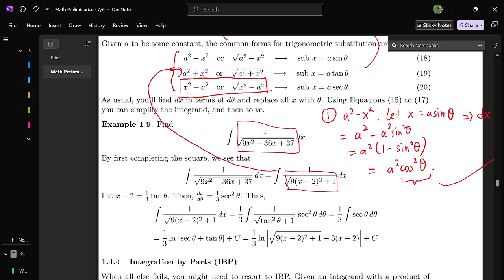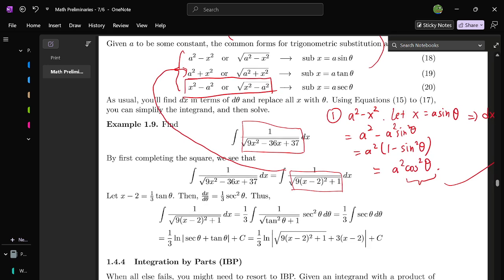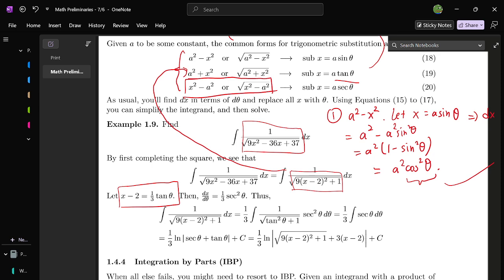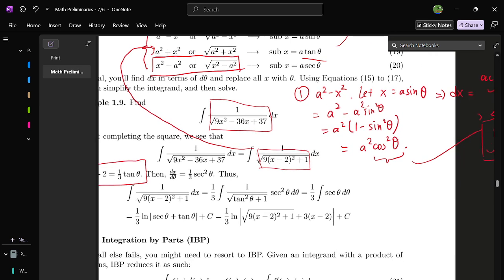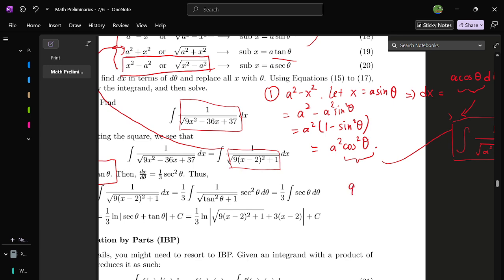Now, this is literally the second one. So we can just substitute something involving tangent theta. In this case, we smartly chose x minus 2 equals 1/3 tangent theta. The reason why we did this is because we want this 9 times (x minus 2) squared term to sort of become a tangent theta term.